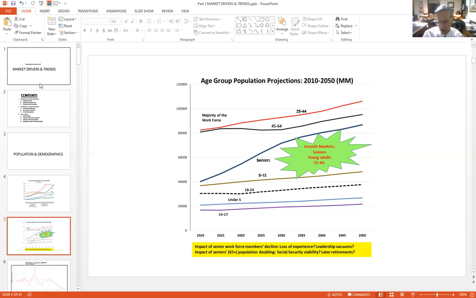But when we get to 5 to 13, we only have 9 years. 18 to 24, we have 7, and so forth. So under 5, not many years at all. So no surprise that those age groups are smaller than those with 20 years in their brackets. Nevertheless, there's no doubt about it that the senior citizens group seems to be the one where the action is today.